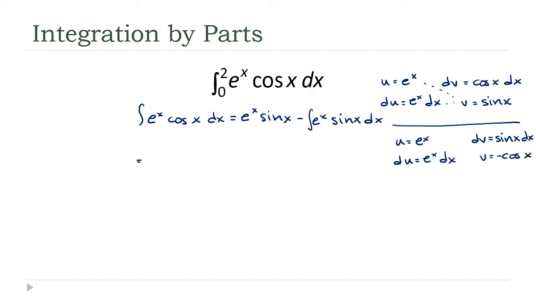This is the integral of e to the x cosine of x dx equals e to the x sine of x. And now let's be real careful with this minus sign. We're going to group this here. We're going to do uv, so that's minus e to the x cosine of x.